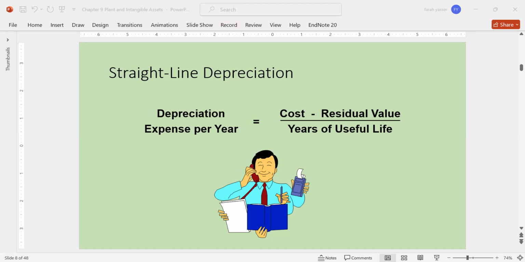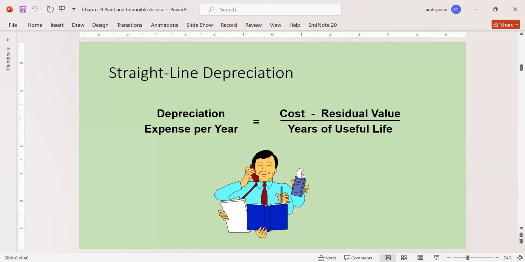While calculating depreciation expense, we have cost, residual value, and years of useful life. So, what is cost? Cost is basically the amount at which we purchase the asset. In the last lecture, we learned to calculate the cost of an asset. The cost of assets includes all the capital expenditure that is directly related to the purchase of any fixed asset.